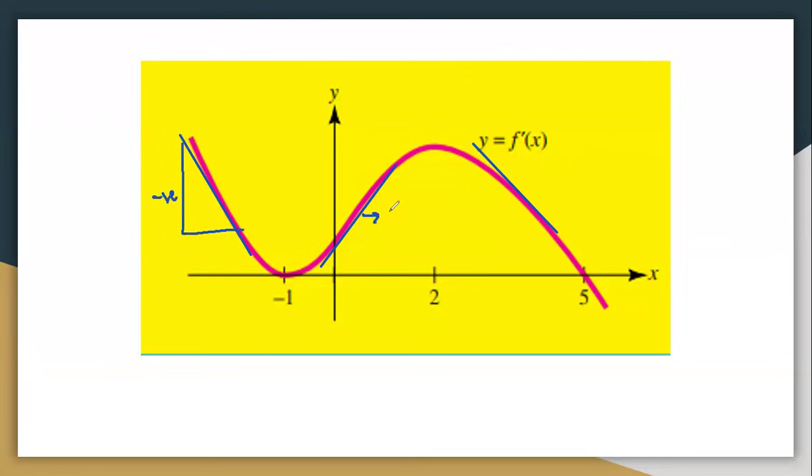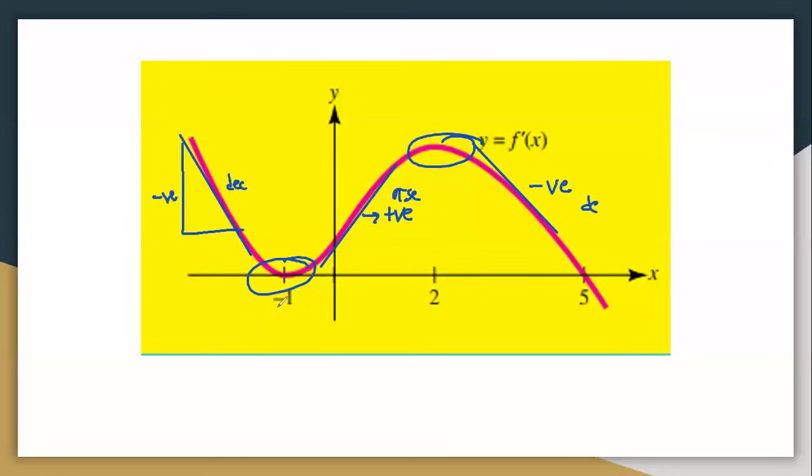At this point here, the gradient is going to be positive. At this point here, it's going to be negative. That means that for this one, we shall have a point of inflection because there is a decrease and an increase, and a decrease and an increase. So we have points of inflection.